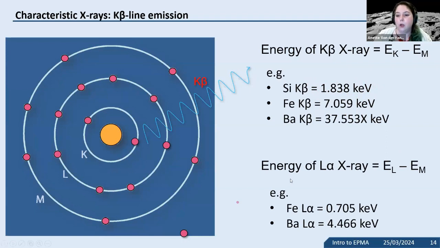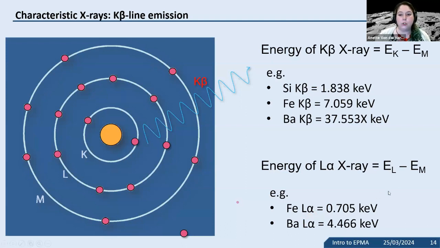And so if we then have that with L shells, there's also the same probability that instead of the K shell, a beam electron might hit an L shell. And in this case, we call that an L series X-ray. And if it's coming from one shell over, in this case the M shell, we call it L alpha.